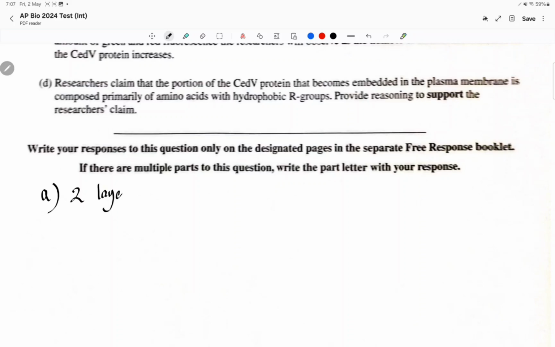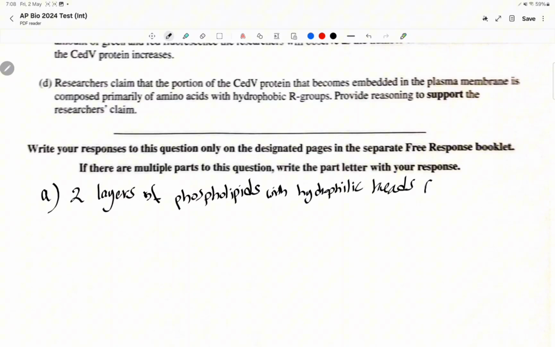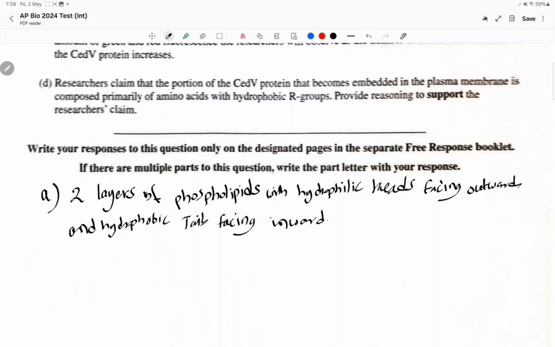Two layers of phospholipids with hydrophilic heads facing outward and hydrophobic tails facing inward. Okay.